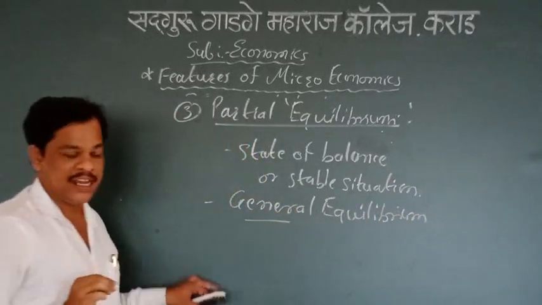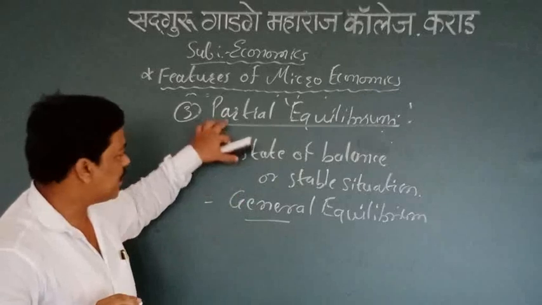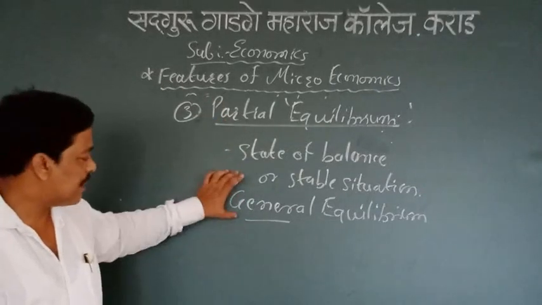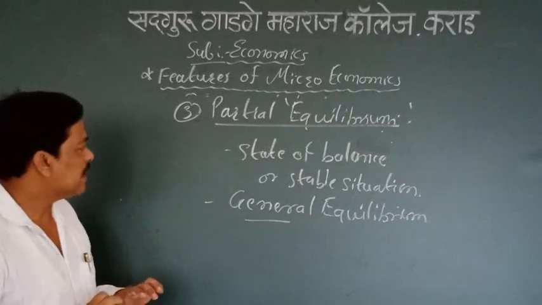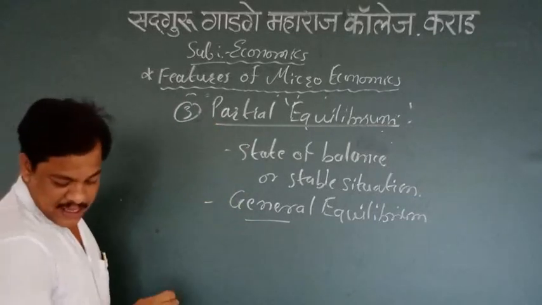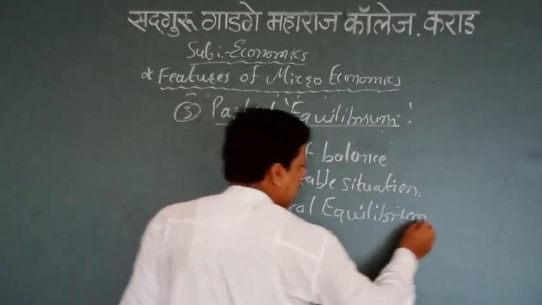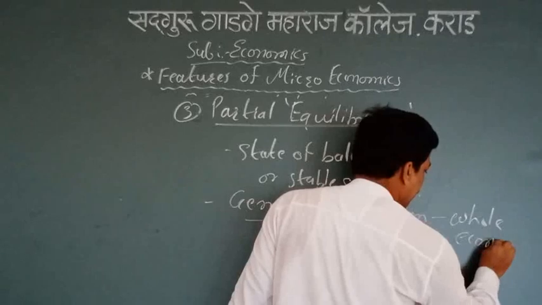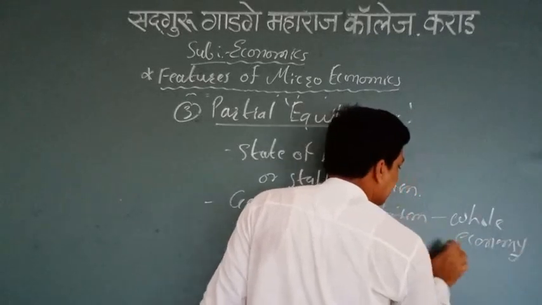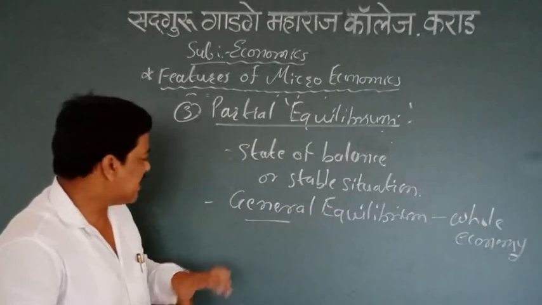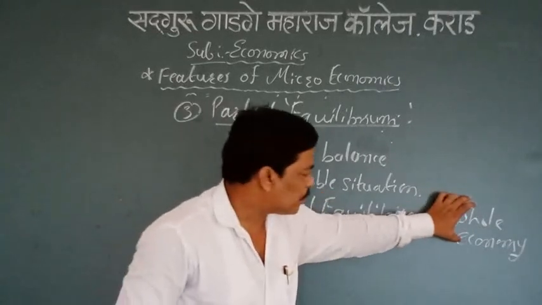This point is not there in your book, but I will discuss it, because when you are going to discuss partial equilibrium, it is important for students to understand what general equilibrium means. General equilibrium is going to study the whole economy.